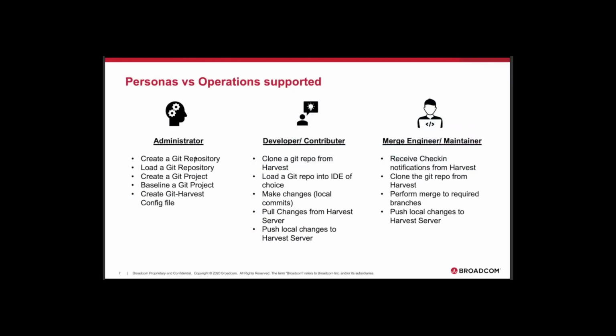This configuration file essentially is a context which captures all the information of Harvest, and using this one single file, developers can simply clone the repository and then start using it like how they use a regular Git repository.